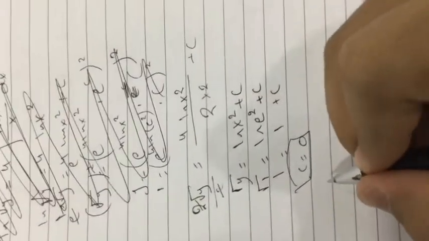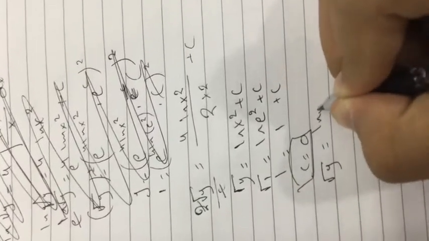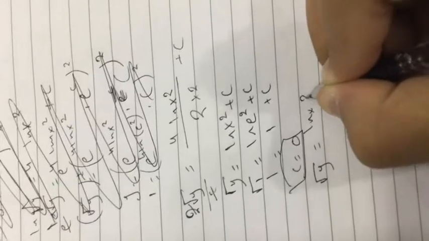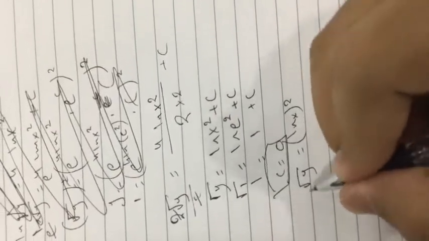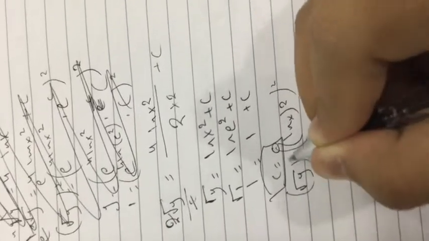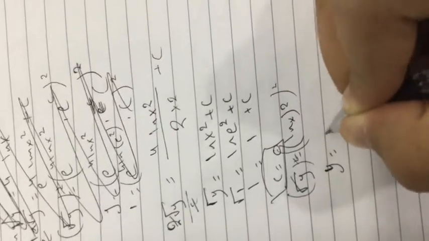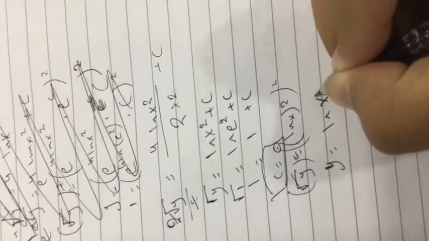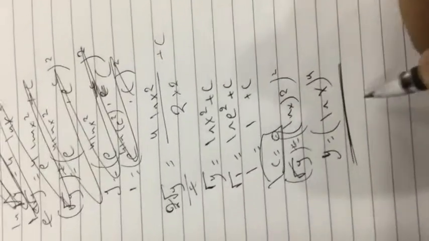We come again: y equals ln x squared, and we square again here, and here we square again. Cancel this by this, and y equals ln x to the power 4. This is the answer.